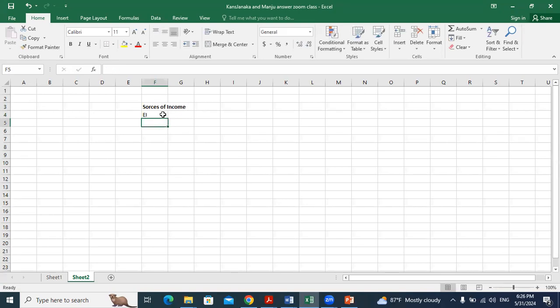Thereafter, we have business income. We have investment income and other sources of income. Thereafter, we get the total of these figures.